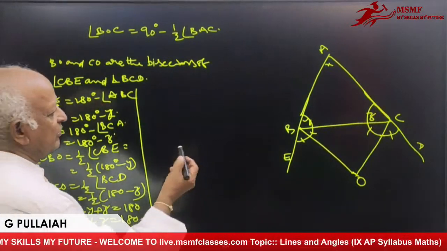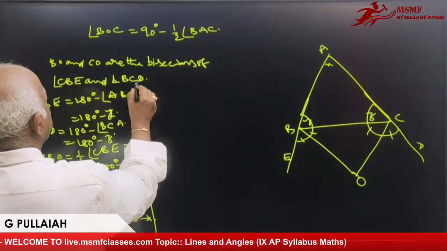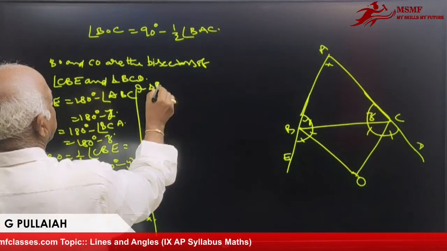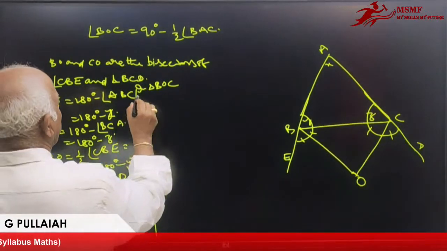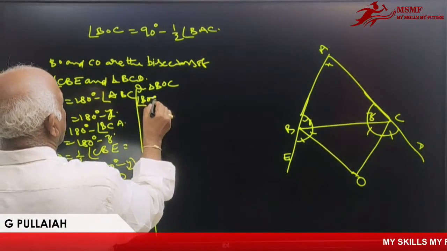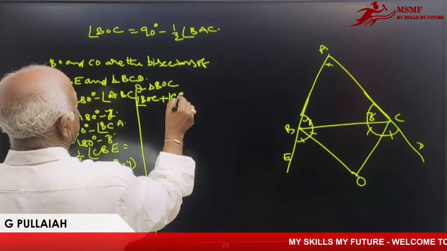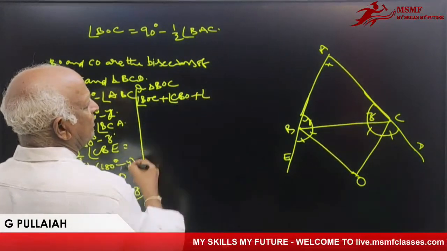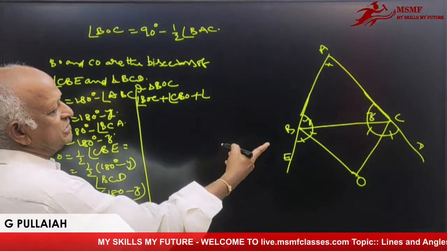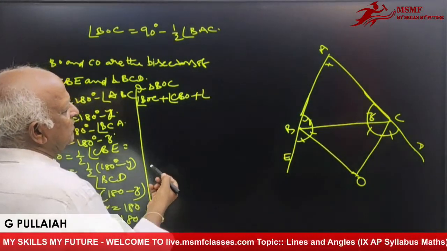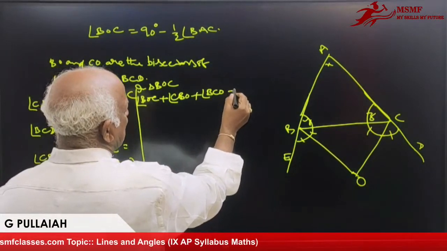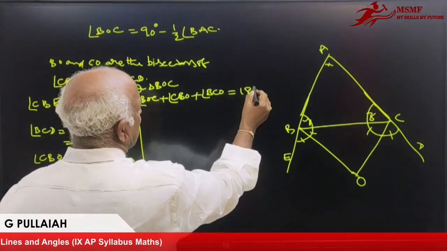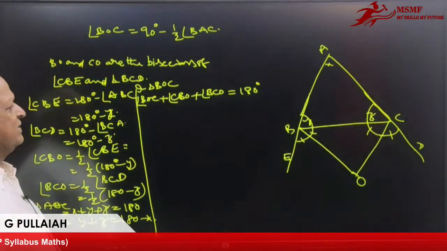So now if you take triangle BOC, angle BOC plus angle CBO plus angle BCO, all three angles put together are 180 degrees.